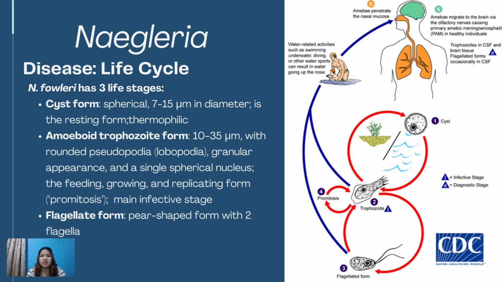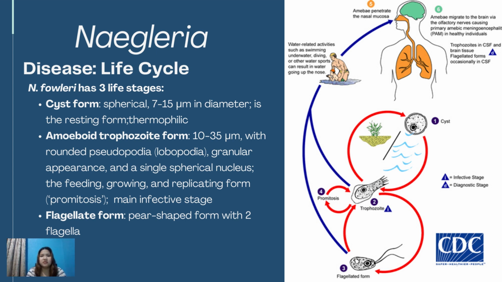Dissecting the words, meningitis means infected meninges, encephalitis means infected brain. So when joined together, it means infected meninges and brain. This disease almost always ends fatally within a week.